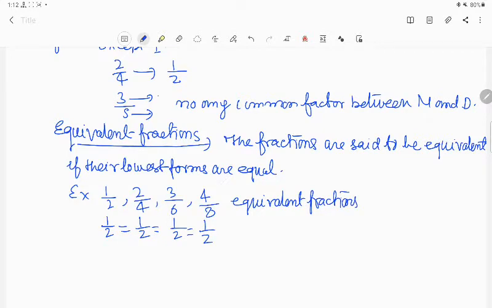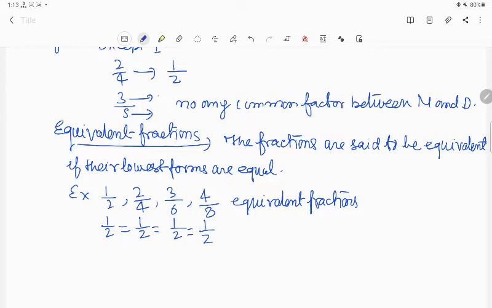So what is the equivalent fraction? All the fractions whose lowest form, simplest form or standard form are same are called equivalent fractions.